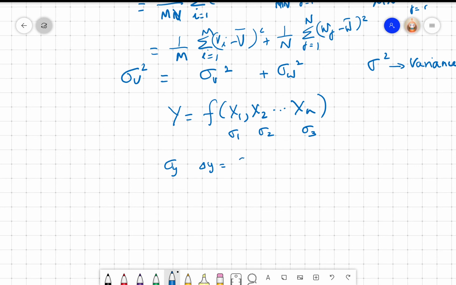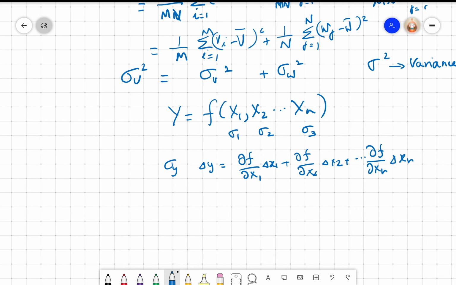Delta y is dou f by dou x1 into delta x1 plus dou f by dou x2 into delta x2, and so on, up to dou f by dou xn into delta xn, right?